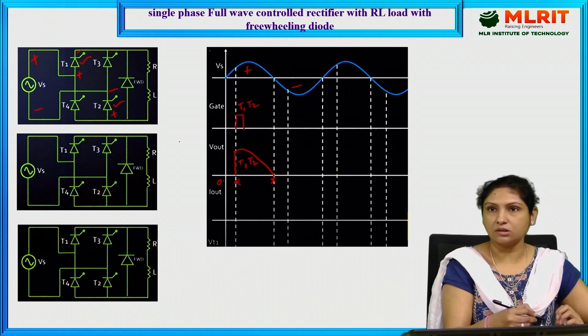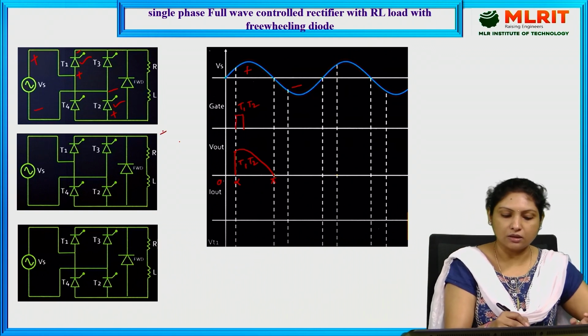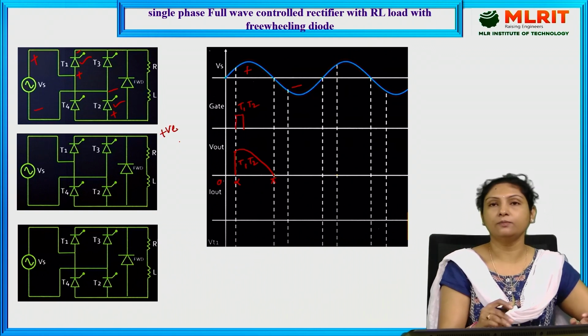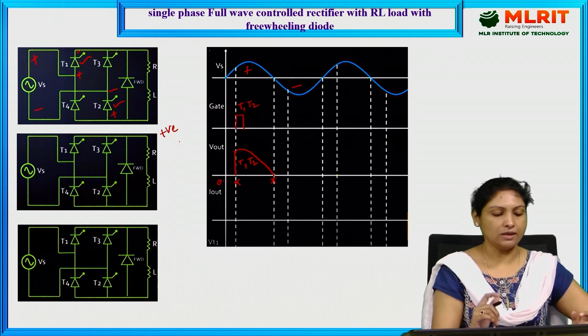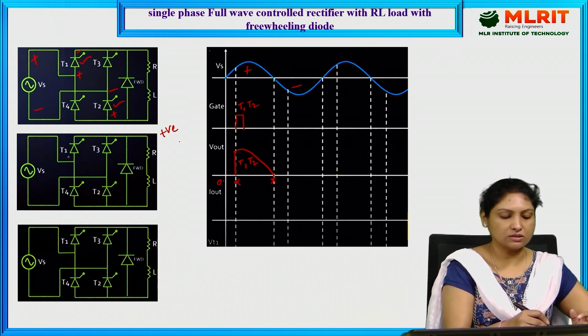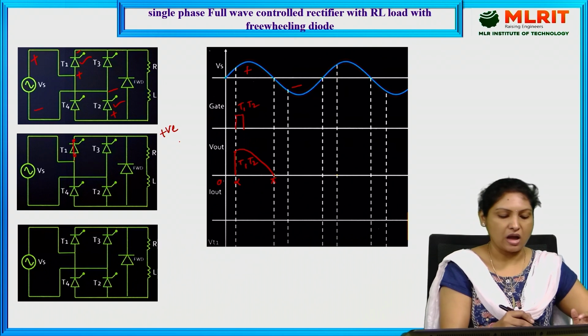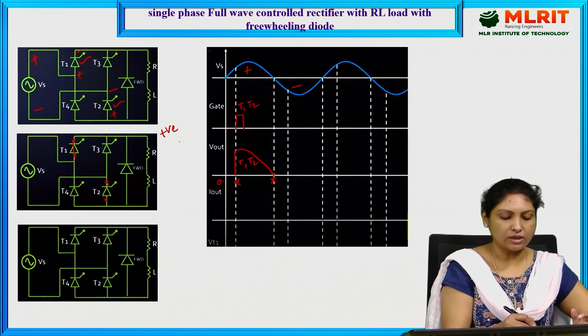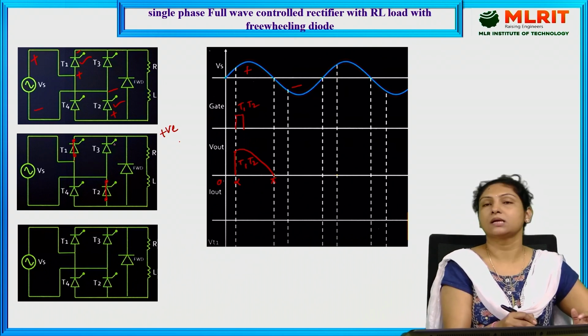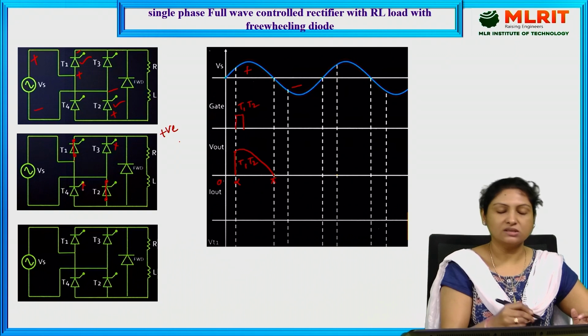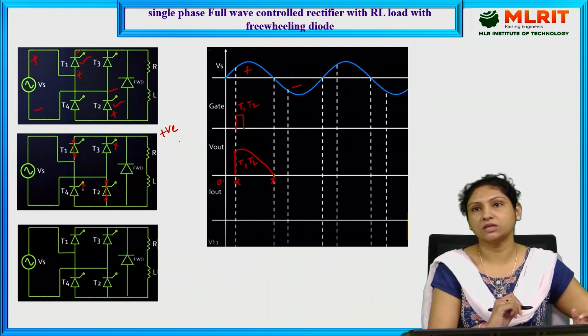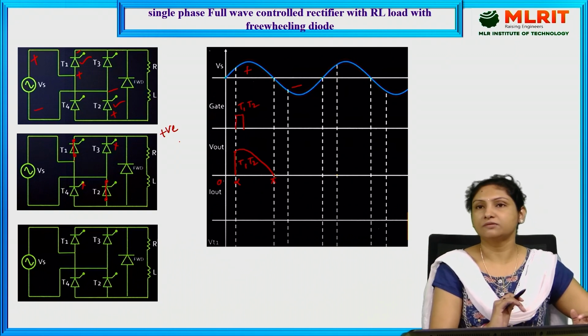Let us check the same thing in the individual circuit diagram during the positive half cycle. Thyristor 1 is short circuited since it is turned on, as well as thyristor 2, whereas T3 and T4, since these two are in reverse bias state, act as off switches.